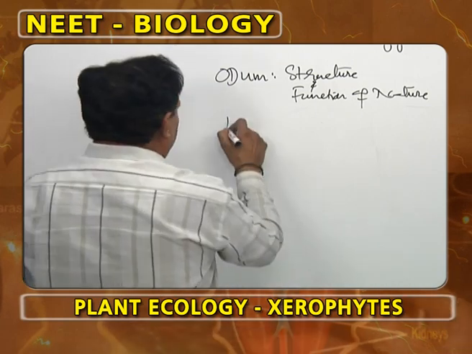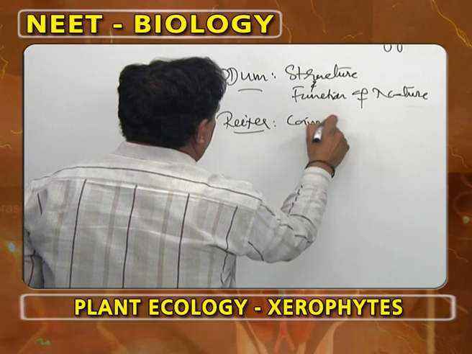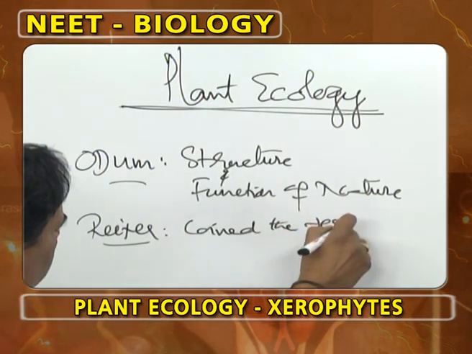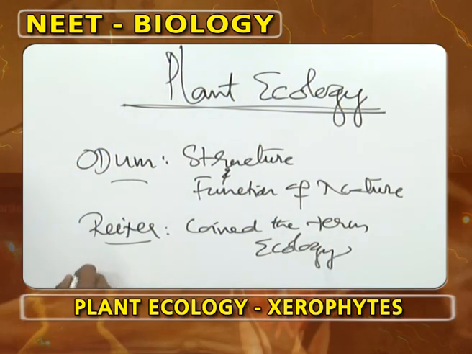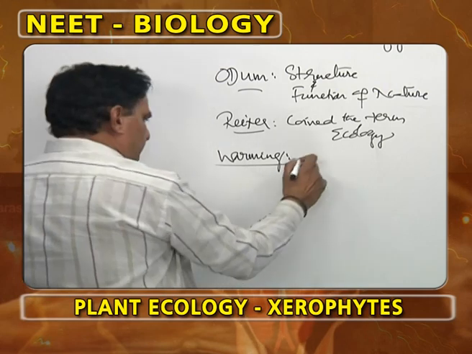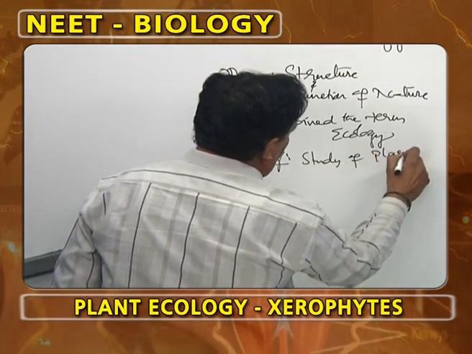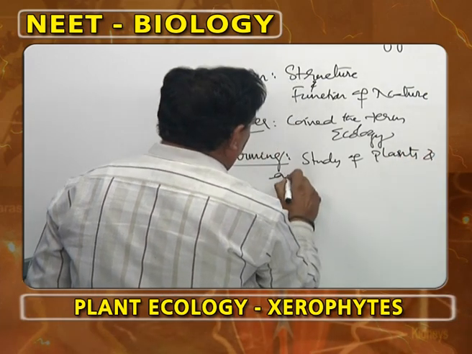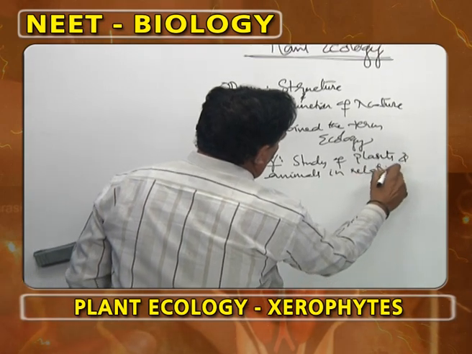Other name is Reiter. Reiter coined the term ecology. Then Warming. Warming defined ecology as the study of plants and animals in relation to their environment.